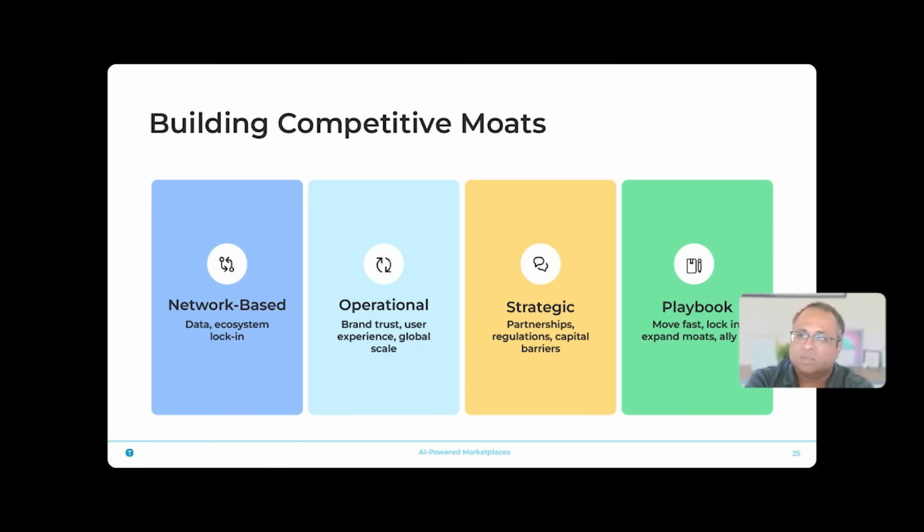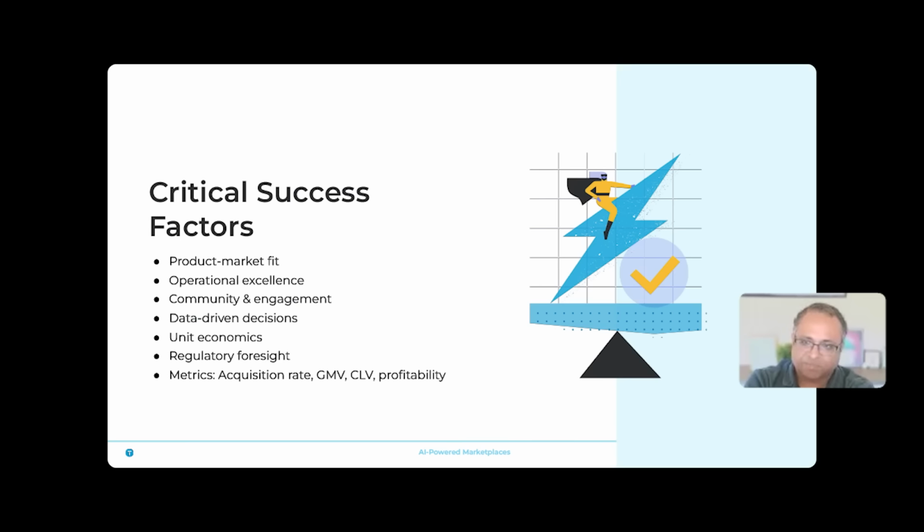It's one of the biggest things that you need to consider in your moat. So, there are network-based moats that you can create through AI automatically, operational moats, strategic moats. The playbook is moving fast and having an exceedingly high velocity from thinking about an idea to moving to production.